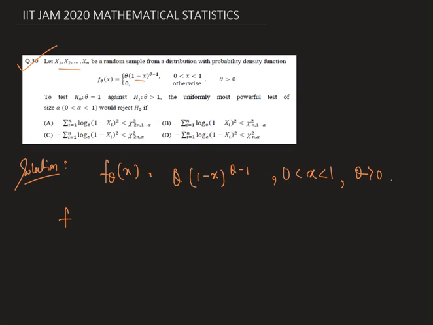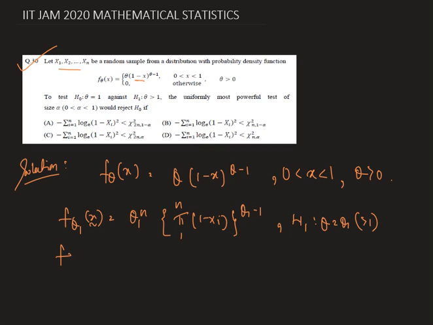Now under H1, f theta 1 of x curl can be written as theta 1 to the power n multiplied by the product from 1 to n of (1 minus xi) to the power theta 1 minus 1, where H1 is theta equals theta 1, which is greater than 1, and f theta naught of x curl is 1, where x1, x2, ..., xn are between 0 and 1.